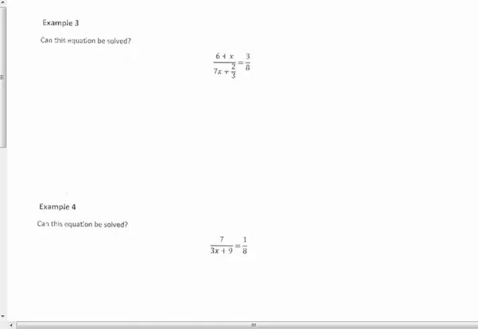So the product of the means is 7x plus 2/3 multiplied by that numerator 3. Well, I'm going to put that out front. Has to equal the product of the extremes, 8 times the binomial 6 plus x.